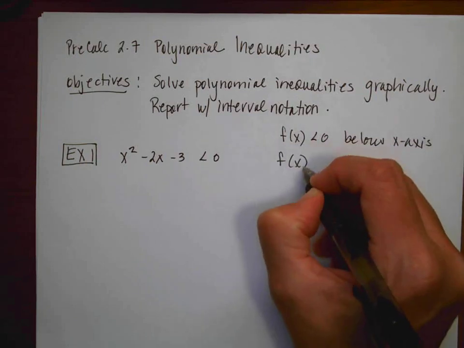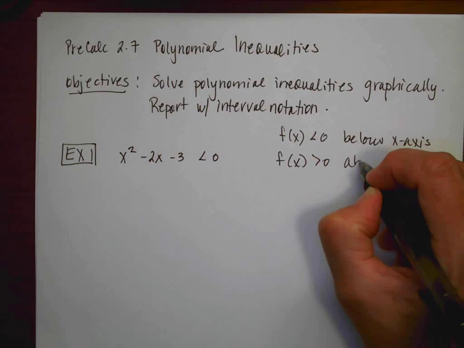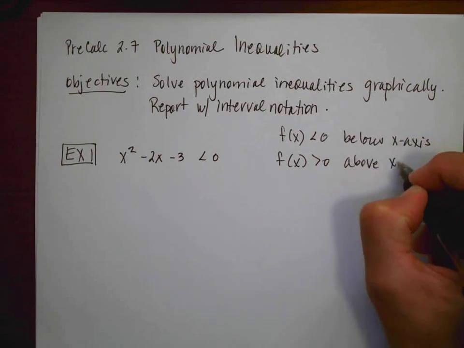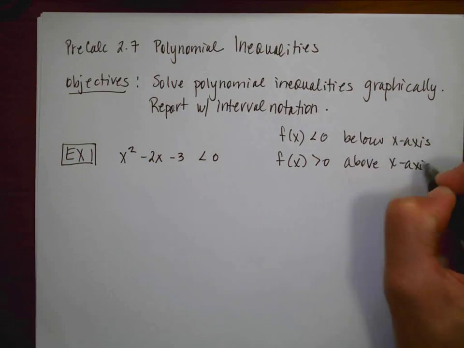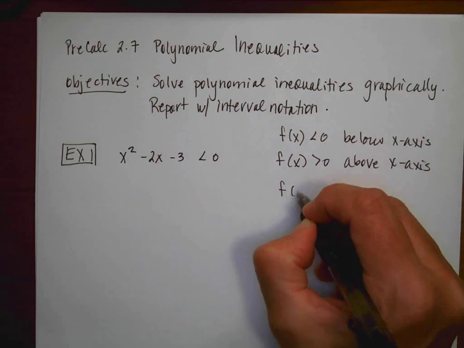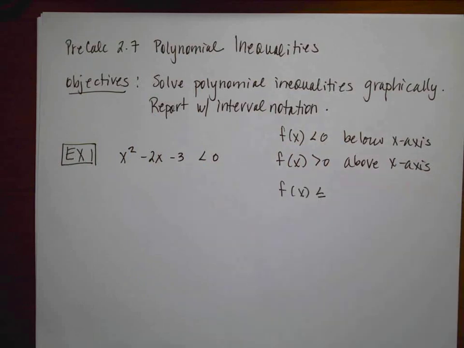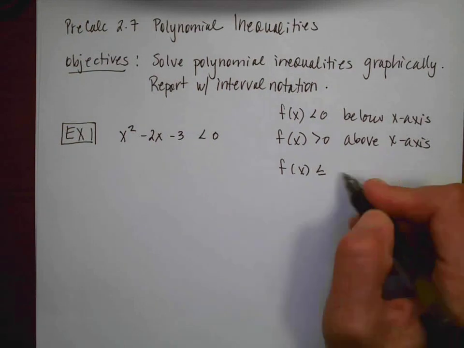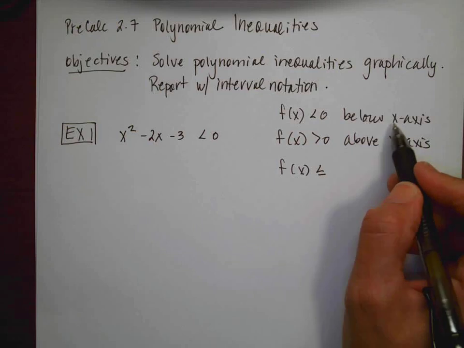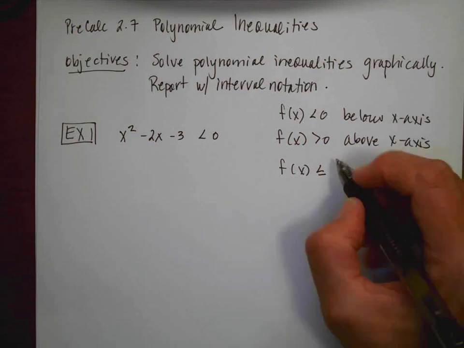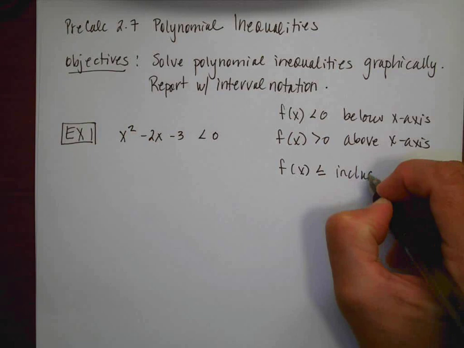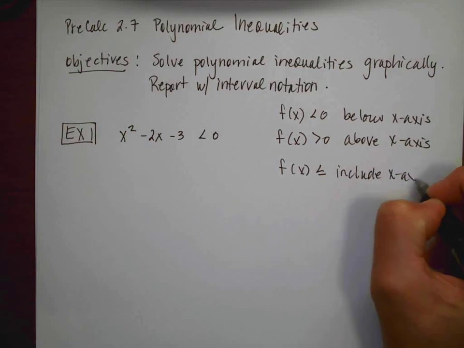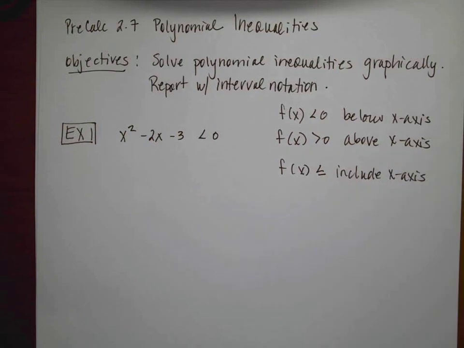If f of x is greater than 0, that means where is the function above the x-axis. And if I include the equality sign, sorry, brain and mouth aren't working at the same speed, that just means I get to be below and at the x-axis. So I would include the x-axis when I do this.